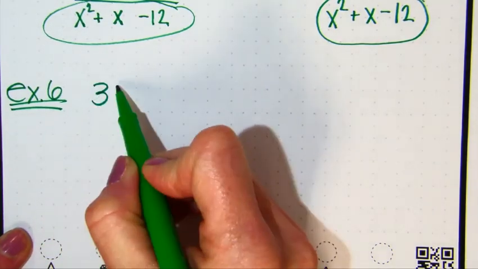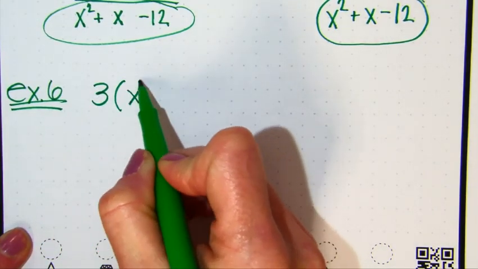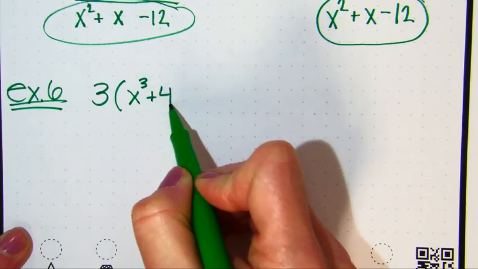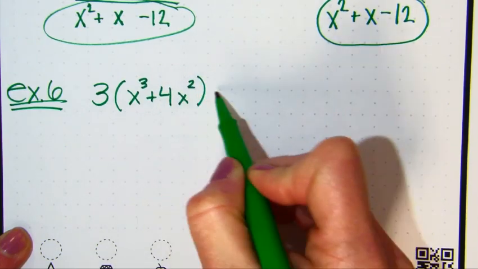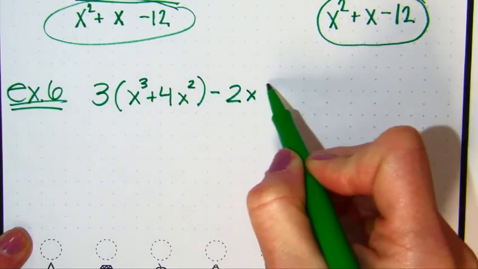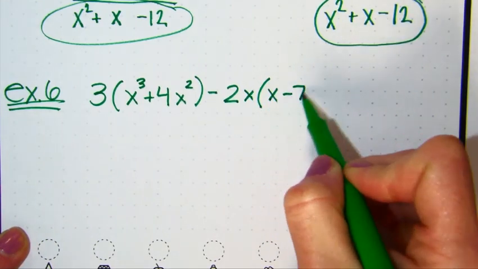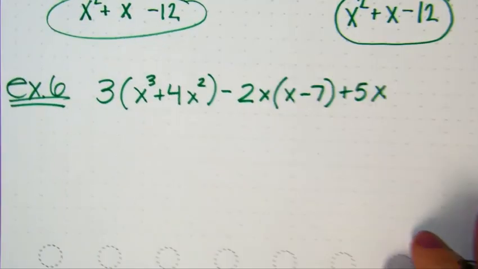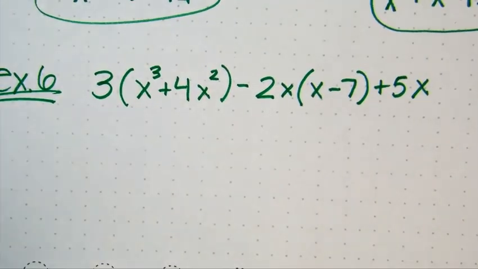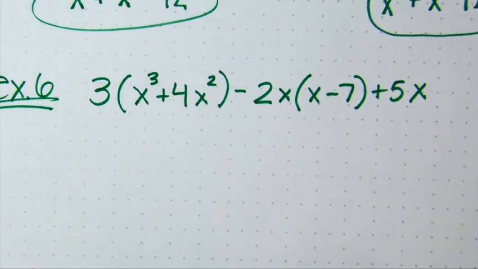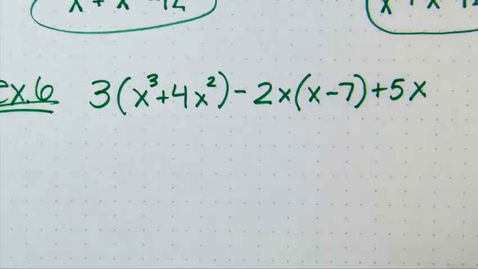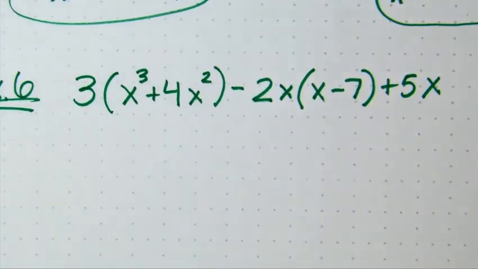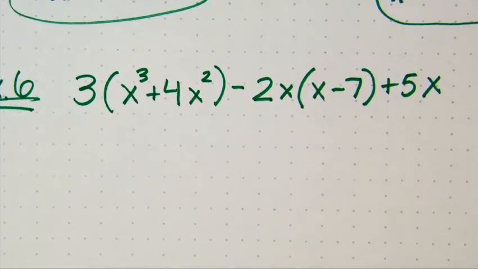So you'll also be given expressions where you have multiple distributing to do. Okay, so it looks big, looks a little intimidating, but if you just take your time and follow a process of order of operations, it's really not bad.